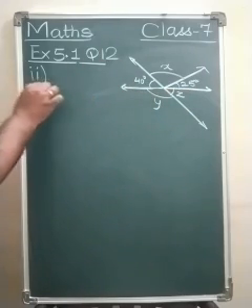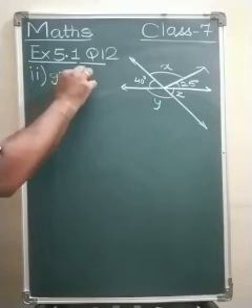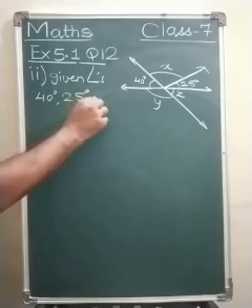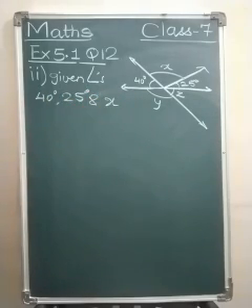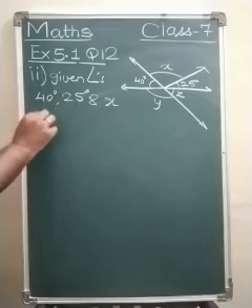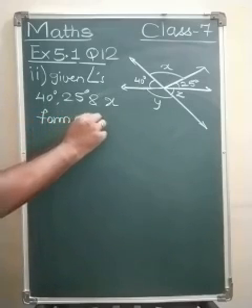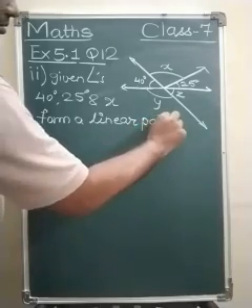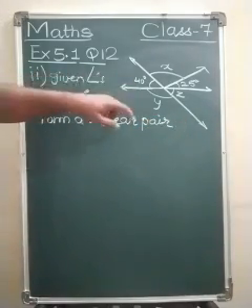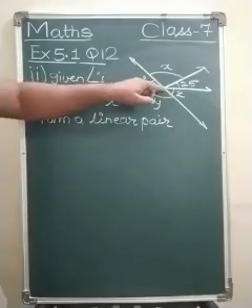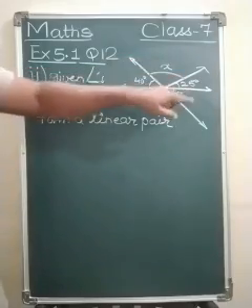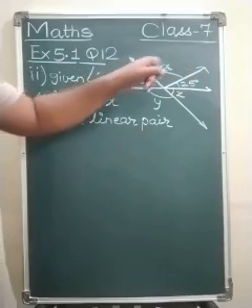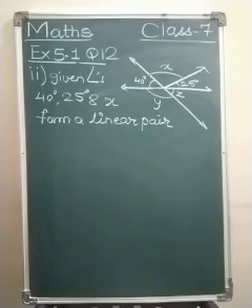So we write that the given angles 40 degrees, 25 degrees and X form a linear pair. Why linear pair? Because they are adjacent, they have a common vertex, a common arm, and they are straight line angles. So the addition of these three angles will be 180 degrees.